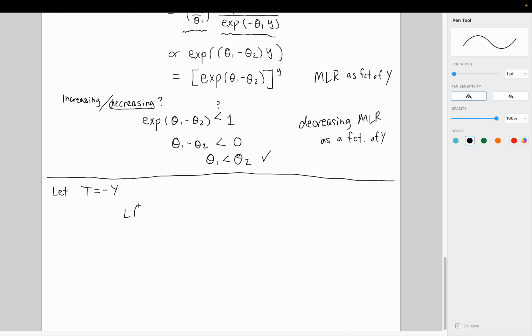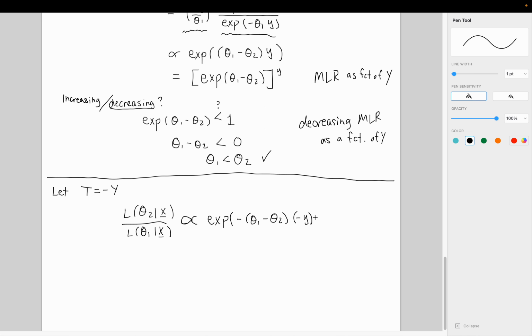Well, then my likelihood ratio, L(theta 2 | x) over L(theta 1 | x), is proportional to e to the power of negative (theta 1 minus theta 2) times negative y.